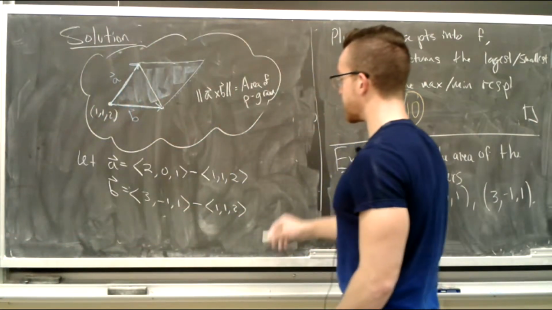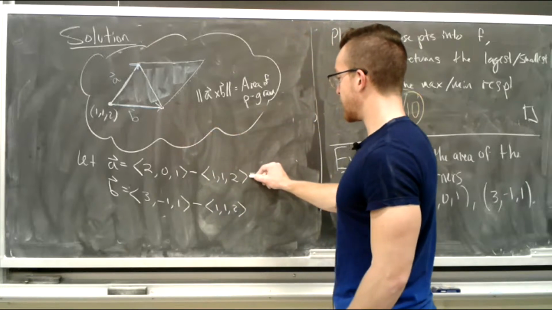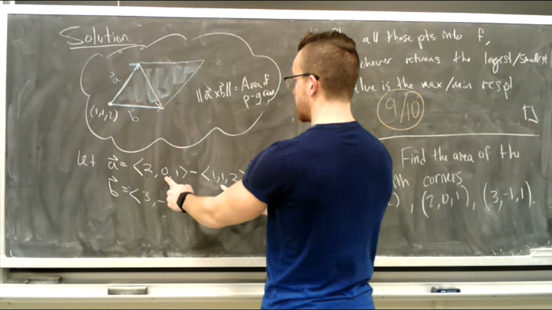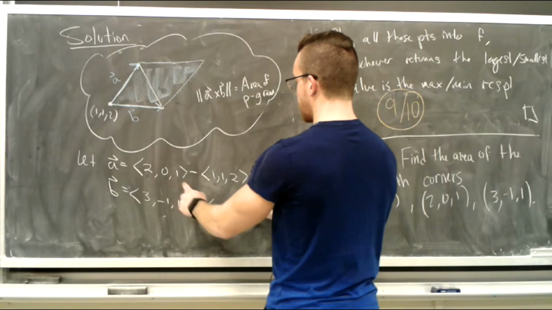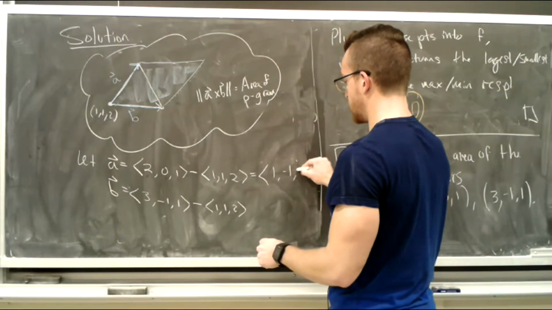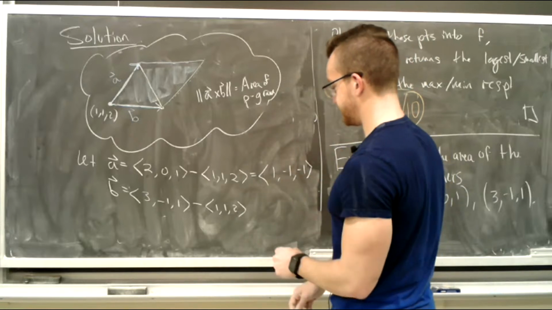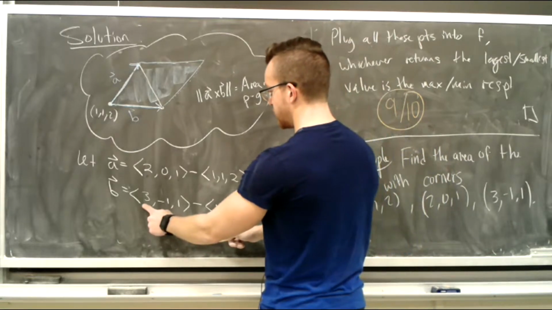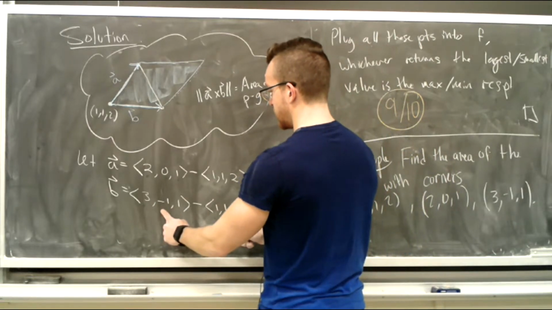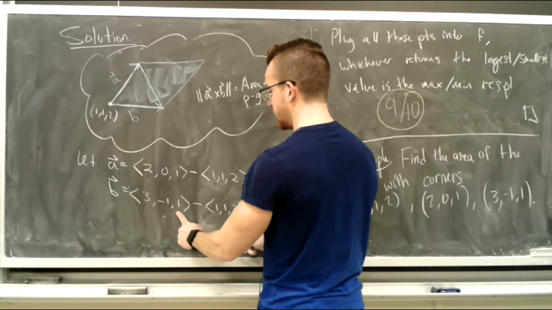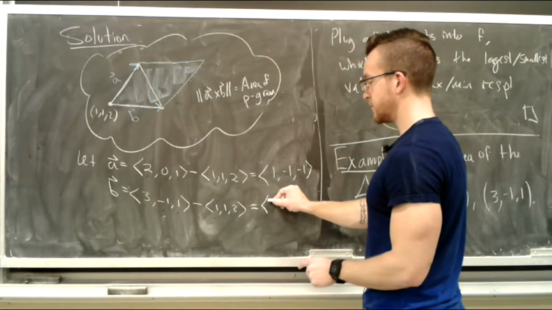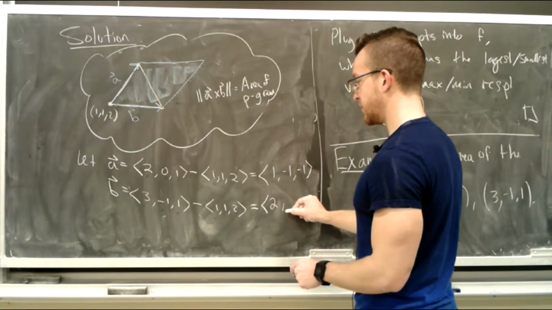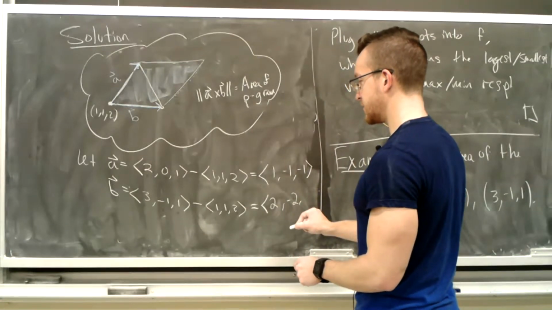And those will be my 2 edges. So this is the vector (1, -1, -1), and this is the vector (2, -2, -1).